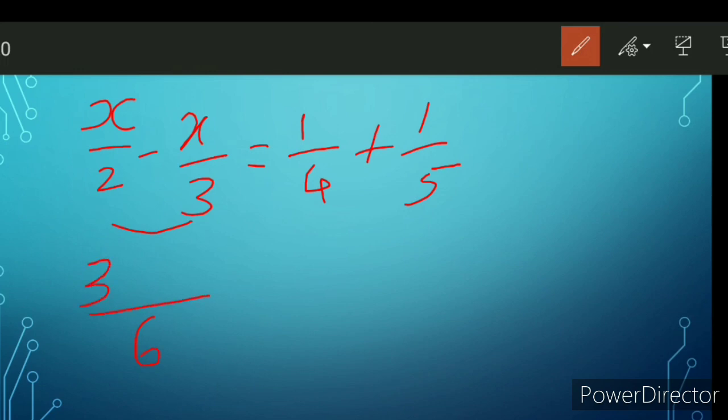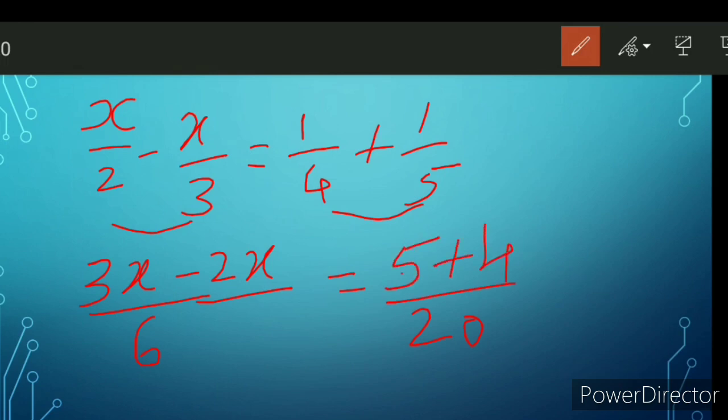Cross multiplication: 3 into x, 3x, minus 2 into x, 2x, is equal to, here also 4 into 5, 20, cross multiply: 5 plus 4. Till this understood? Next step, 3x minus 2x is 1x. This side 5 plus 4 is 9. So here 3x minus 2x will get 1x by 6, and 5 plus 4 is 9 by 20. This step I will continue on the next page.